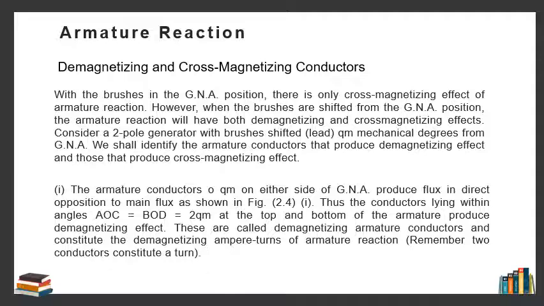Thus, the conductors lying within angle AOC equal to BOD equal to 2QM at the top and the bottom of the armature produce demagnetizing effect. These are called demagnetizing armature conductors and constitute the demagnetizing ampere turns of the armature reaction.